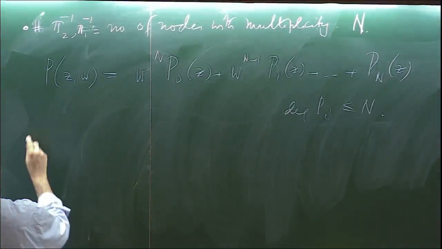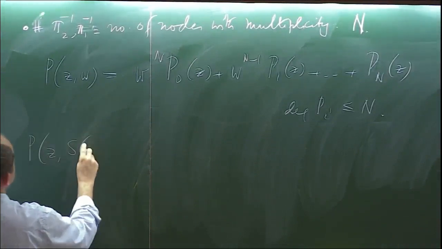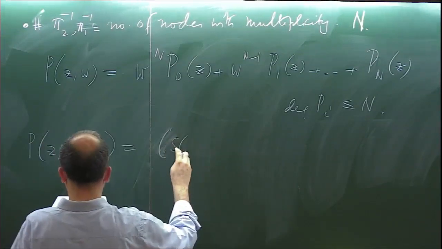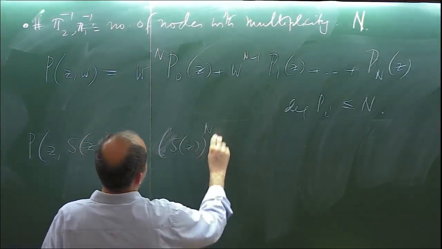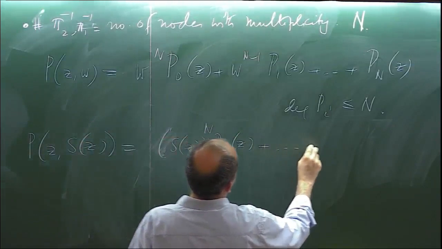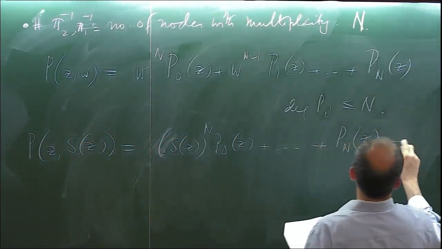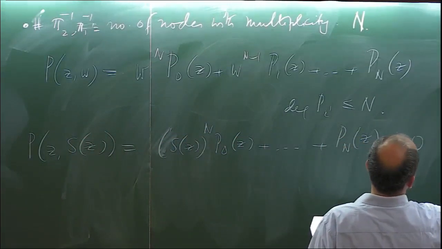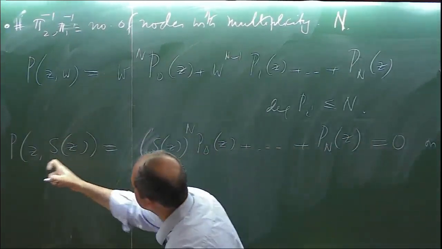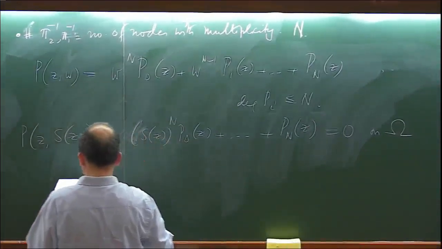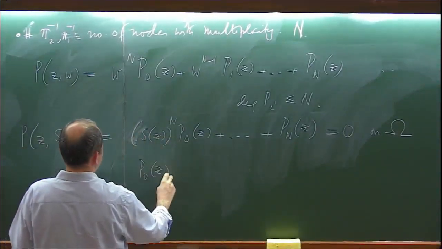So let's plug in points of this form, z comma S of z, to get W, so S of z to the N, P0(z), and so on. This must be 0 on your domain omega because that's your algebraic relation between z and S of z. And I can rewrite this now in a slightly different form.